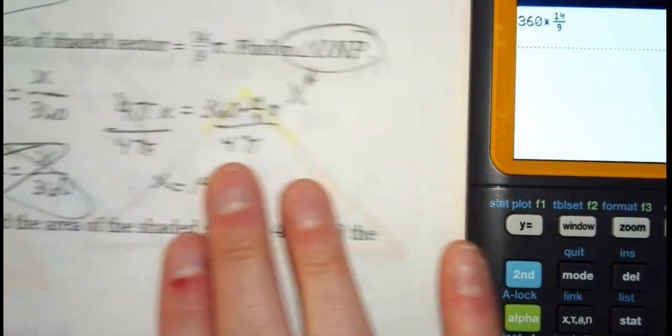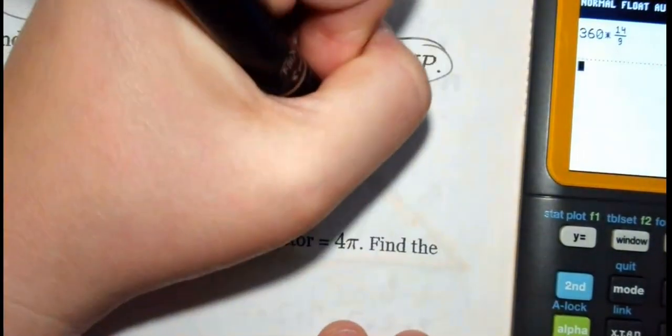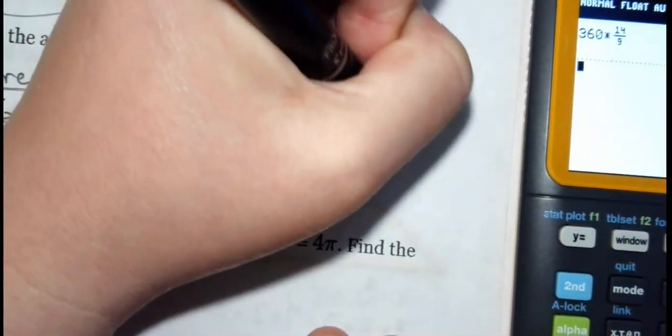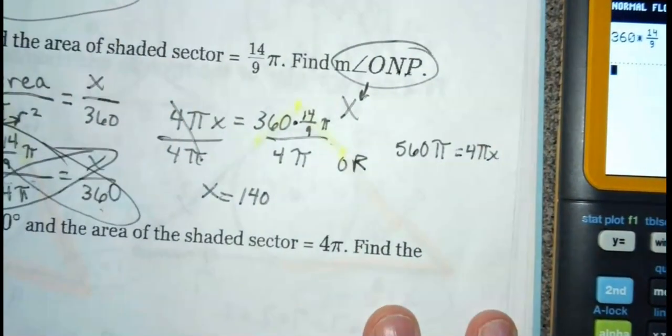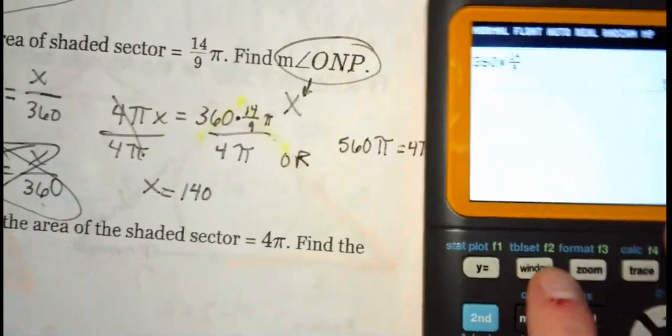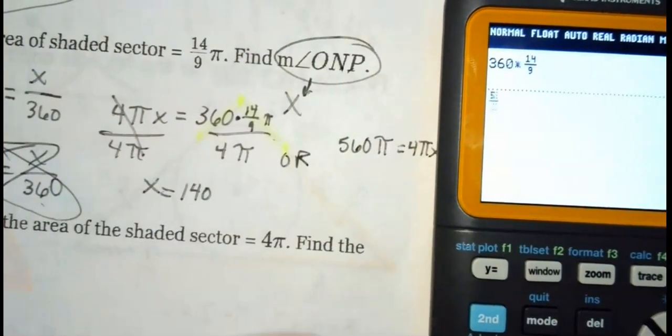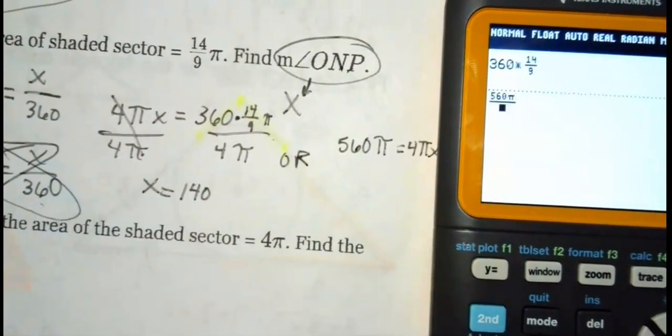All right, so this is one way to look at it, or you can realize that it's 560 pi equals that 4 pi times x multiplied together.